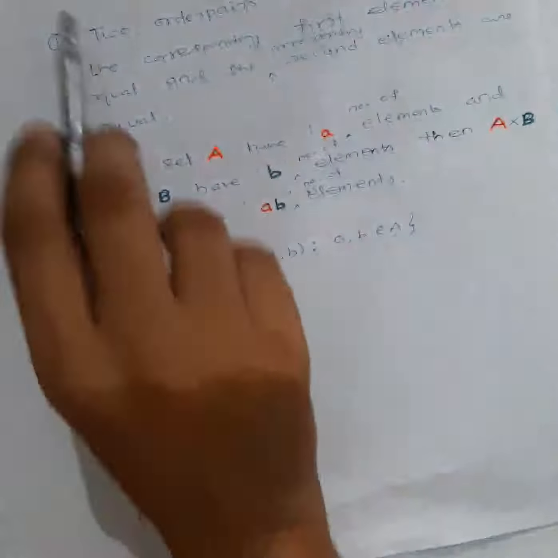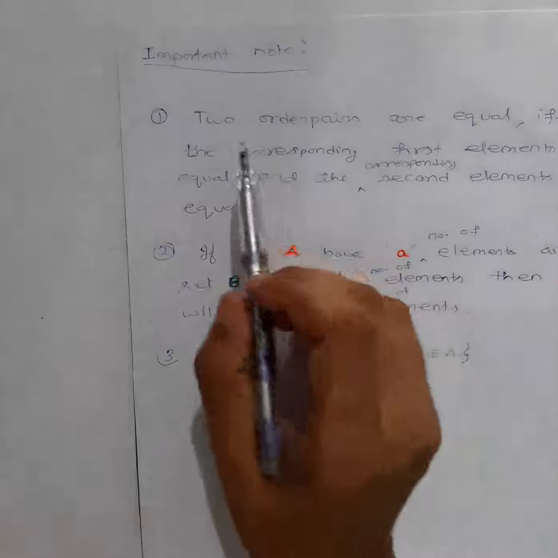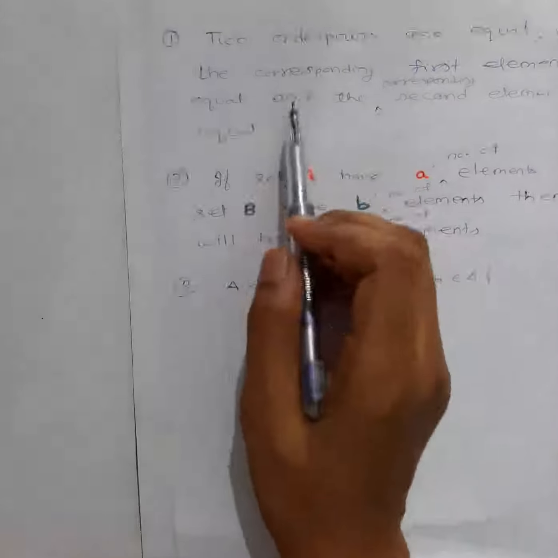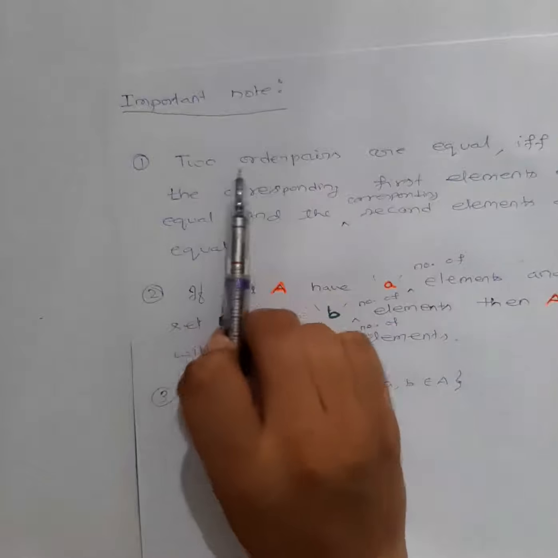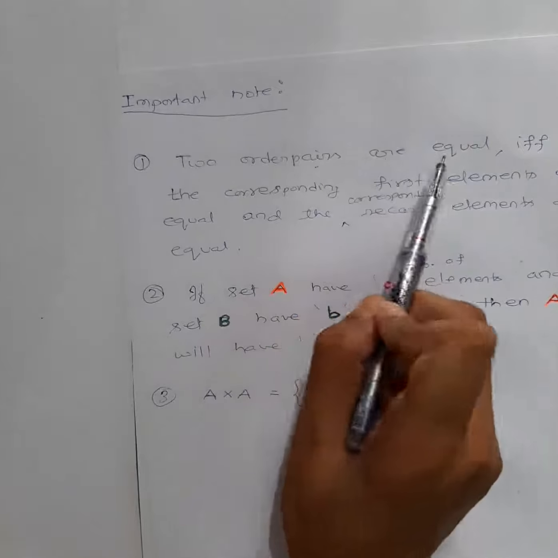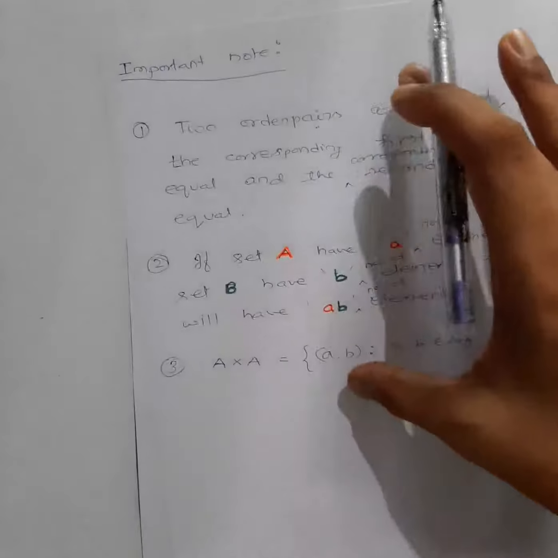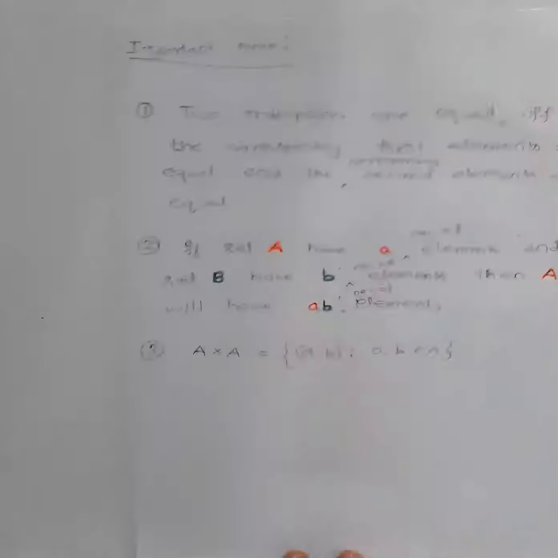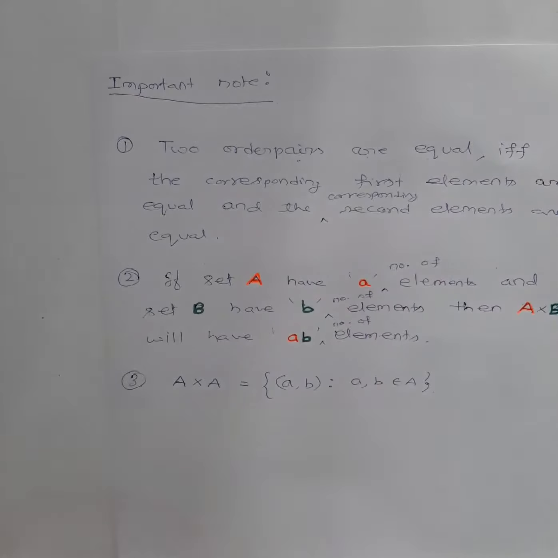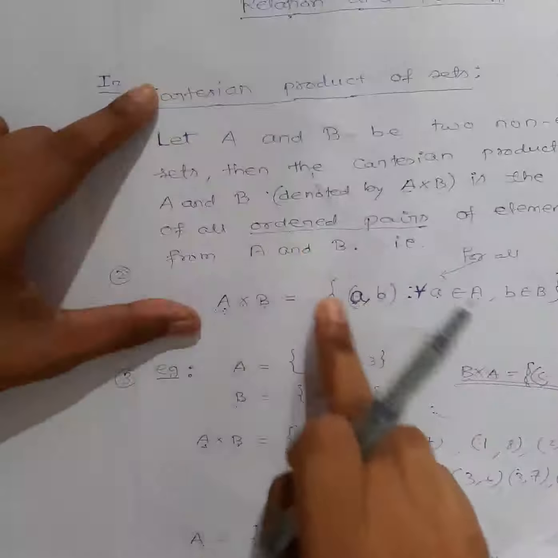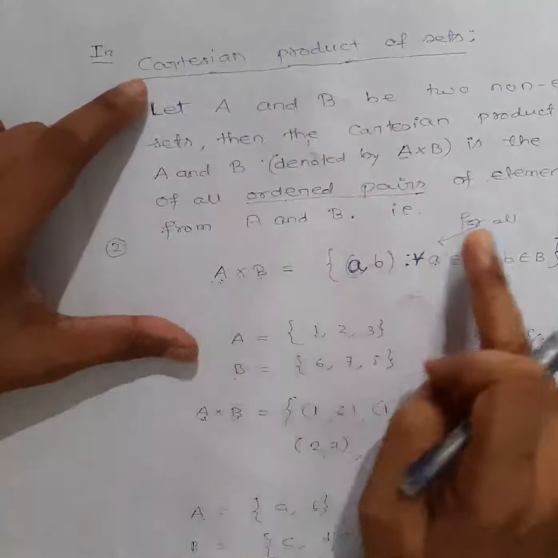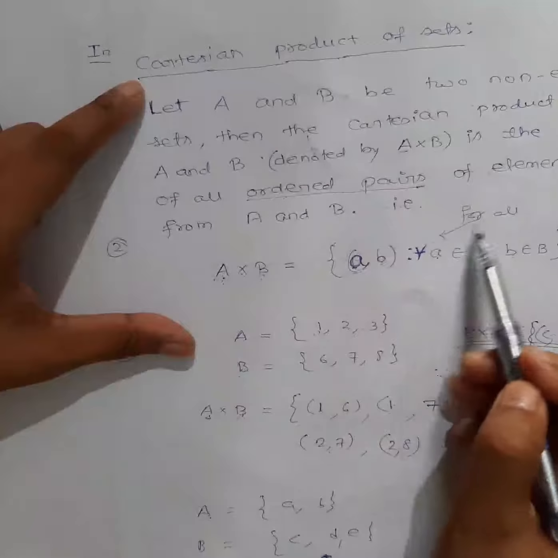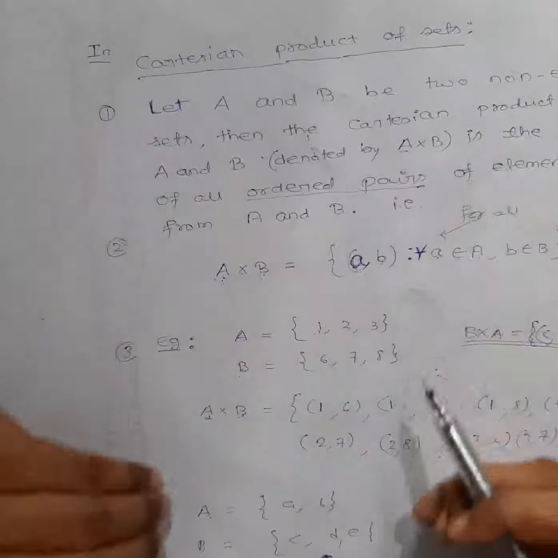Okay, so I have already written that one as an important note. You can see some important notes I have given here. Now see here, the first one, two ordered pairs are equal. So you write down this one in your notebook, and the one which I have explained first, you can write down all this definition. No need to write all of this. These things I have edited here while explaining.